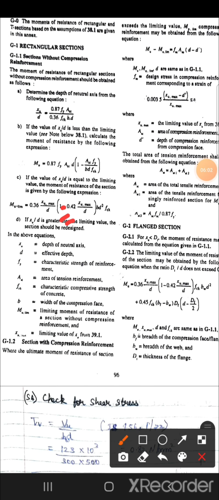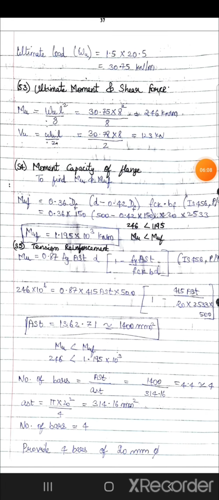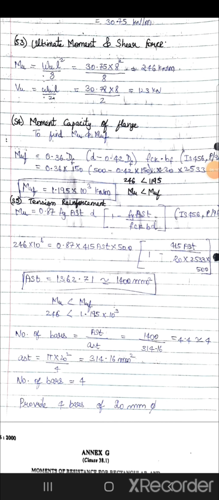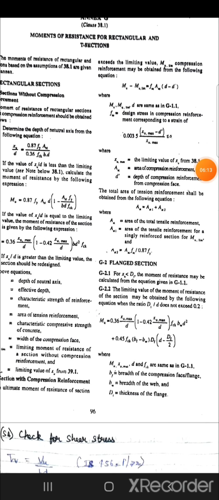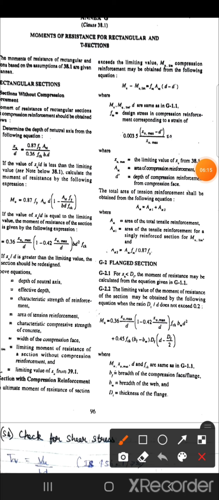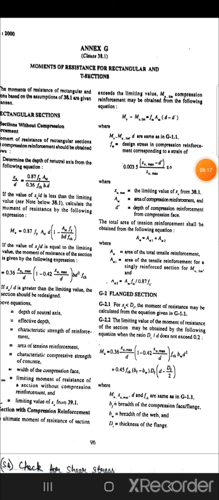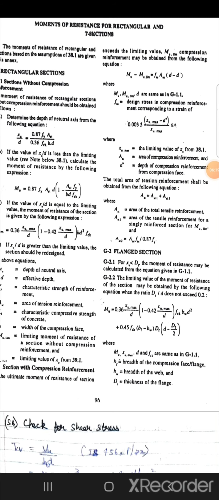Instead of 1 we must take it as D. D square is not necessary in this formula.